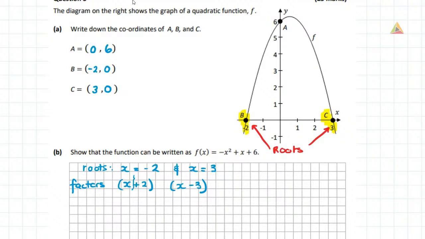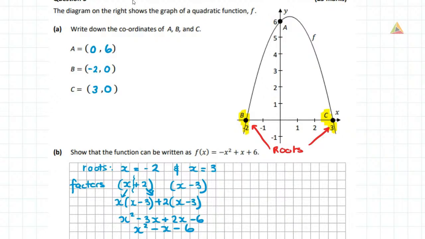So we do that by splitting the first bracket, which gives me an x and a plus 2. And we multiply both of those things by the second bracket, which is an x minus 3. So when I multiply this out, I get x squared minus 3x plus 2x minus 6. And I tidy that up to get x squared minus x minus 6.